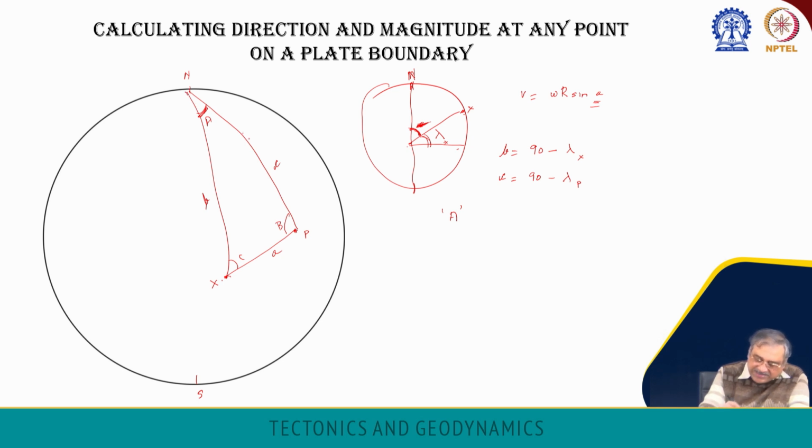NP is a segment of the longitude that passes through point P. Similarly, NX is a segment of the longitude that passes through point X. We have been given the longitude of point P and the longitude of point X. So in other words, we've been given capital A. We can say that the angle A is equal to phi P minus phi X, because this longitude is phi P, this longitude is phi X, and therefore A is equal to phi P minus phi X.